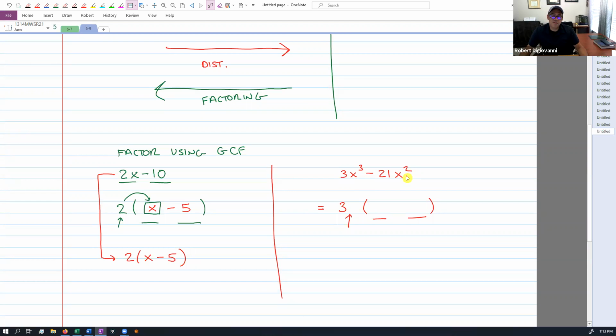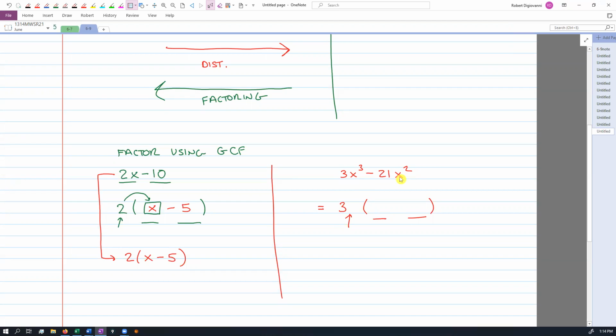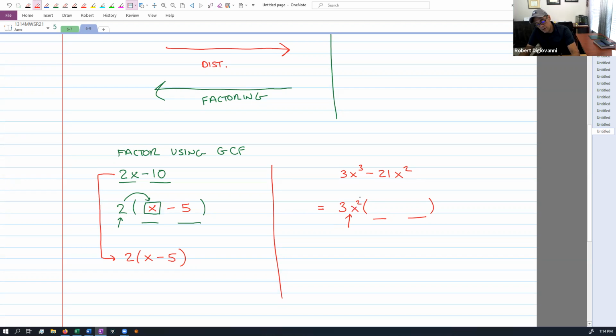Your greatest common factor will be the most number of x's that appear in both. Do these both have at least 1 x? Yes. Do they both have 2? Yep. Do they both have 3? No. So the most that they both have is 2, right? So we put an x squared on the outside.